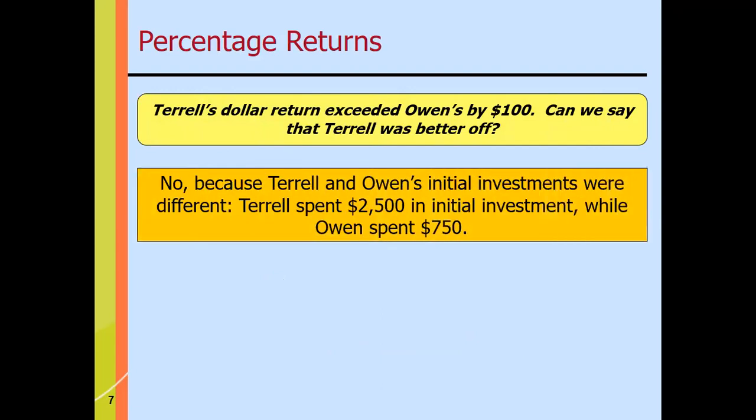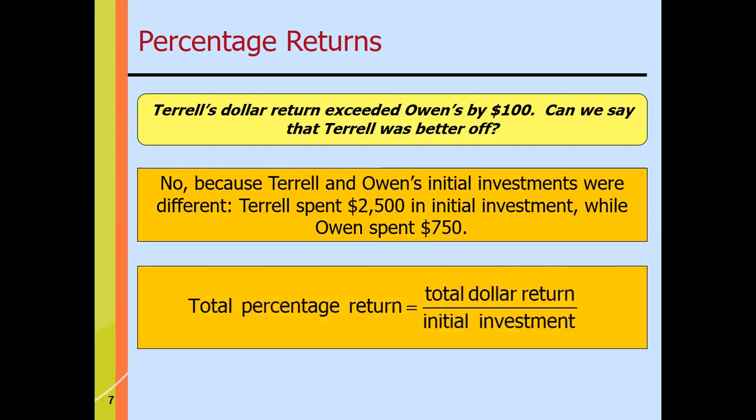The answer is no. And this is where we look into the percentage returns, since the initial investments of the two differ. To get the total percentage return, that is total dollar return divided by the initial investment, we might be wondering as to how we got the amount.